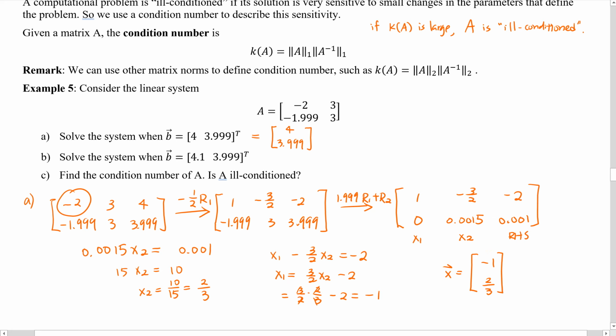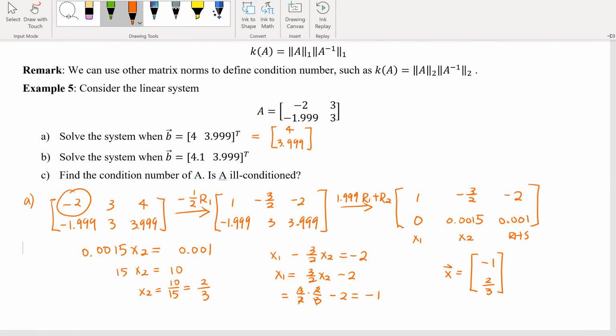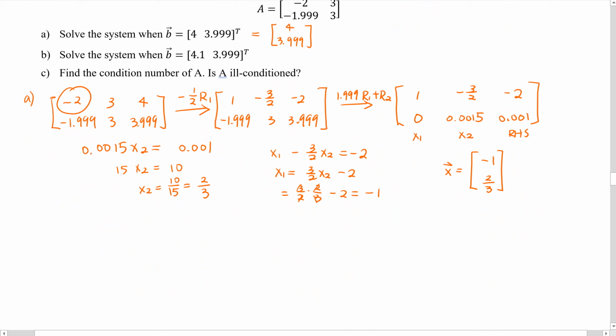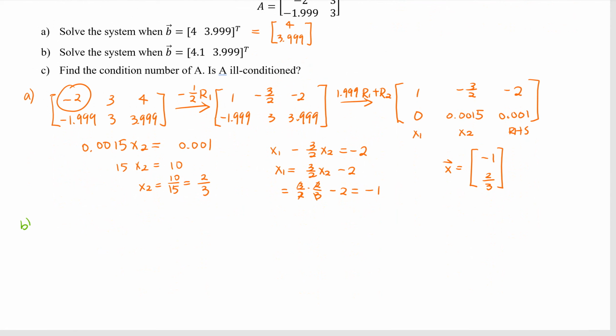Let's continue with part B. Let me change to a different color. For part B, we're going to solve the system, but we just change it a little bit. Instead of 4, we have 4.1. Let's see how this changes the process.